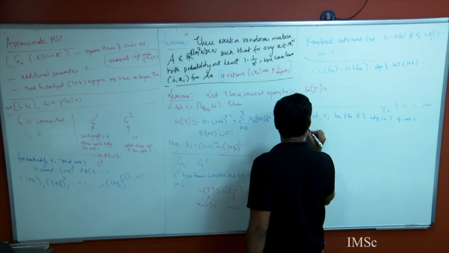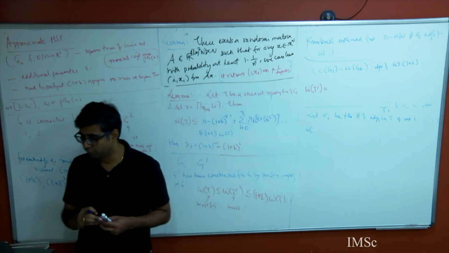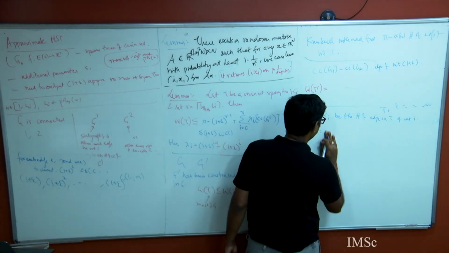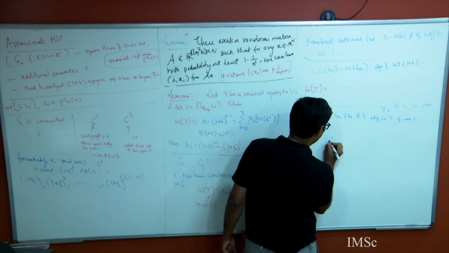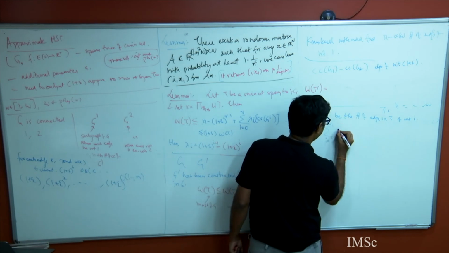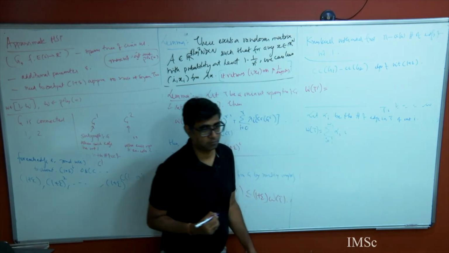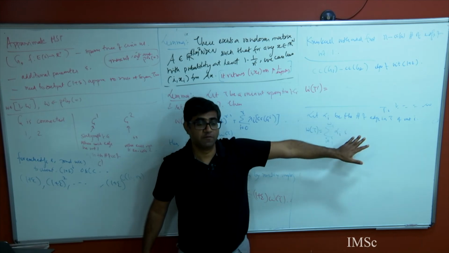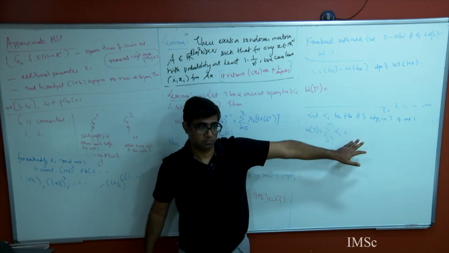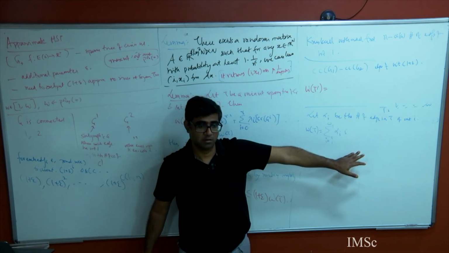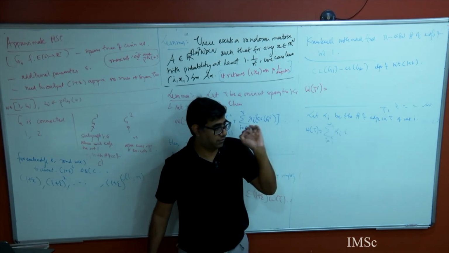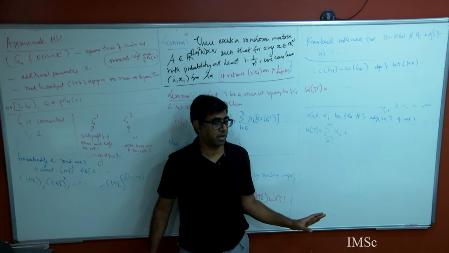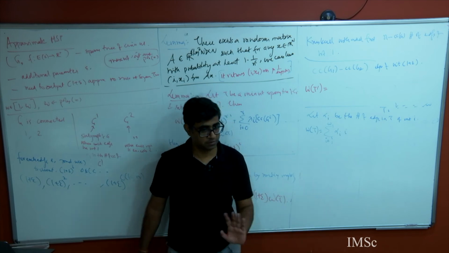Then what is the weight of MST? The weight of MST will be the summation, i going from 1 to W, of i times alpha i. Notice that these alpha i's are independent of which minimum weight spanning tree you pick. The number of edges of the same weight is invariant under any minimum weight spanning tree. You can prove this yourself, but this is true.